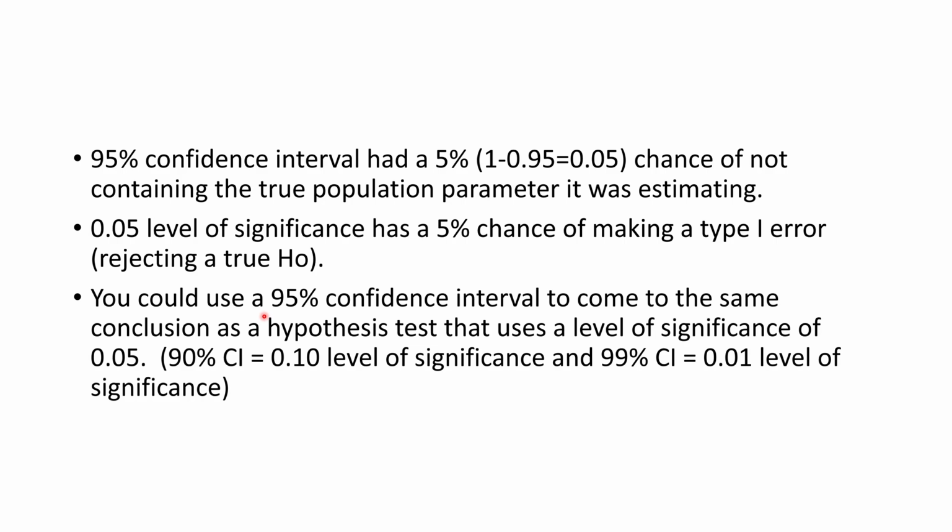You could use a 95% confidence interval to come to the same conclusion as hypothesis testing that uses a level of significance of 0.05. A 90% confidence interval equals a 0.1 level of significance, and a 99% confidence interval equals a 0.01 level of significance.